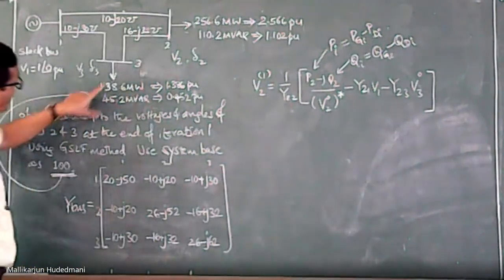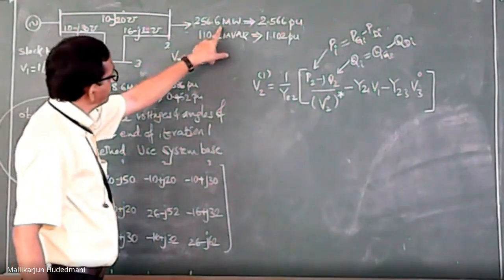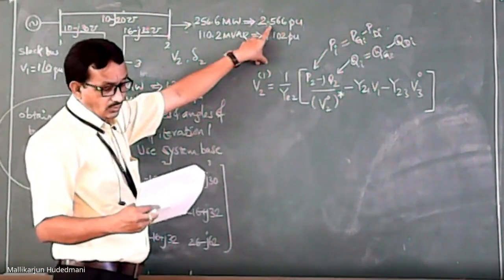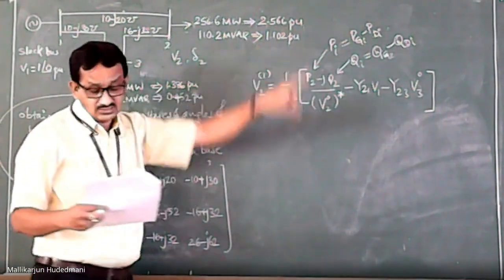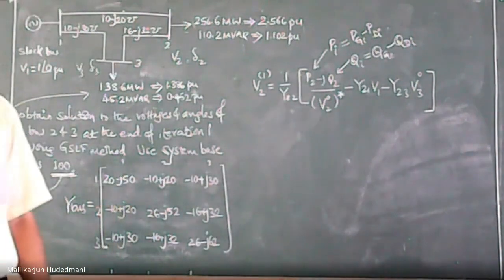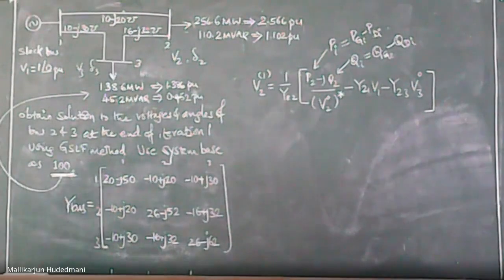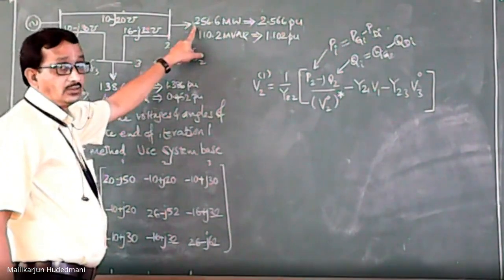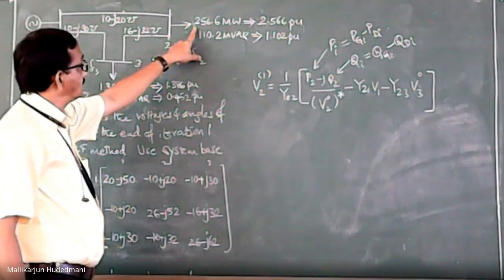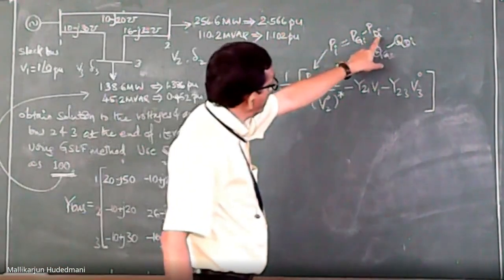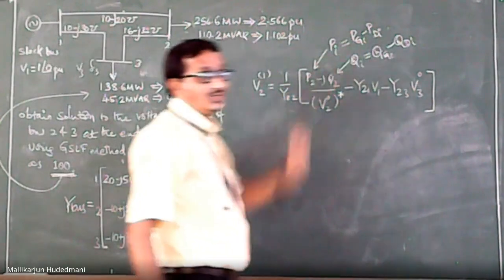What is given to you in this problem? The value 2.566 is given to you. So what is this 2.566 value noticed as? It is noticed as the active power demand. So this active power demand is the demand D, not the G.